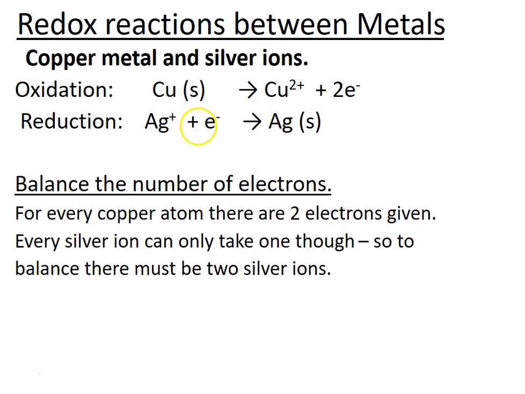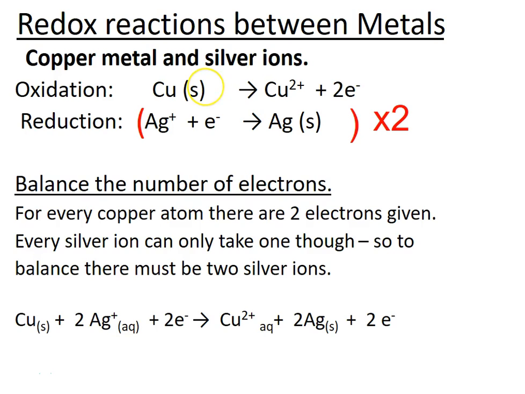Same thing, you have to balance the overall charge when you put it together. Each silver only needs 1, so you need to do that twice when you write the overall, and then you cancel them out. As this would be a salt, it would be silver chloride or silver nitrate or silver oxide or something. The anion is a spectator ion.